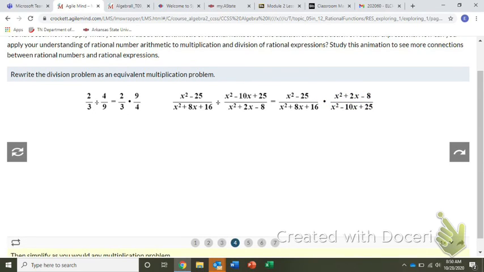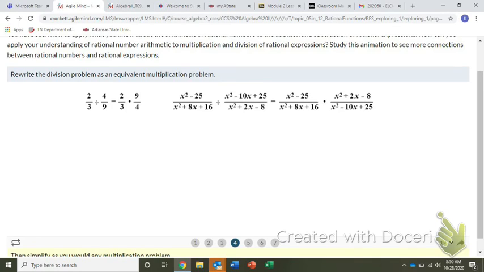Okay. In yesterday's notes, go to the division part. And I said, if you went to Alamo and you had Miss Mary Kate Gorley for 6th grade math, then you learned keep, change, flip. This works for division problems.